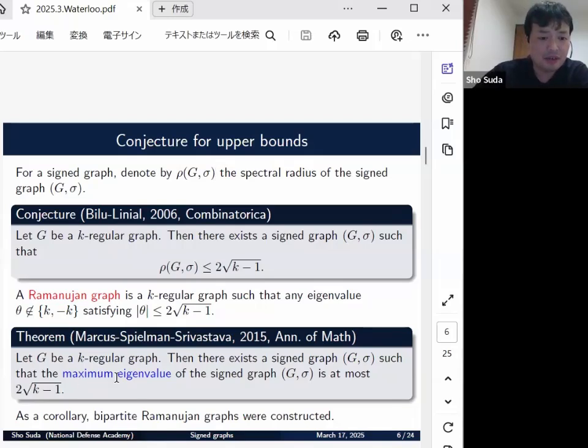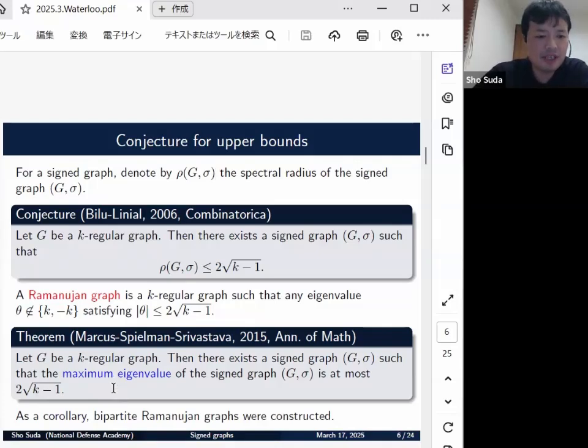So they can control only the maximum eigenvalue, but not the least eigenvalue. So they didn't claim anything about its spectral radius. But if we apply this theorem to a bipartite graph G, they succeeded in constructing bipartite Ramanujan graphs from any bipartite regular graphs.